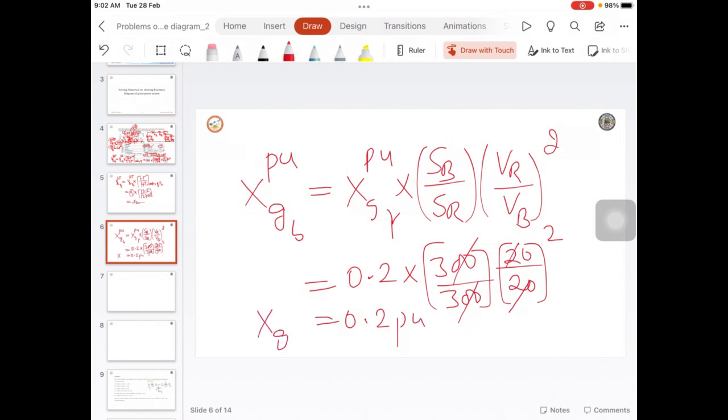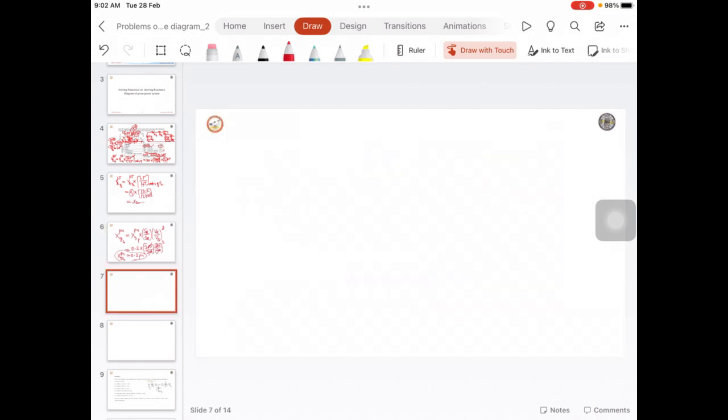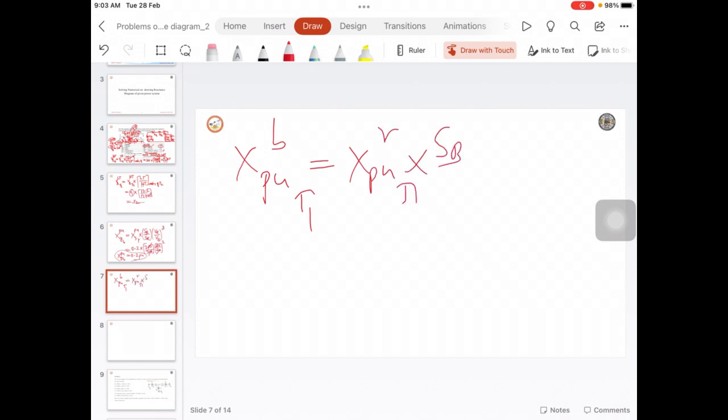That means, for whichever component whose values are taken as base values, the per unit value on common base will be the given value. In the same lines we can find the X per unit on common base for transformer 1, from X per unit on the rating of transformer 1, with the same formula: SB by SR into VR by VB whole square.